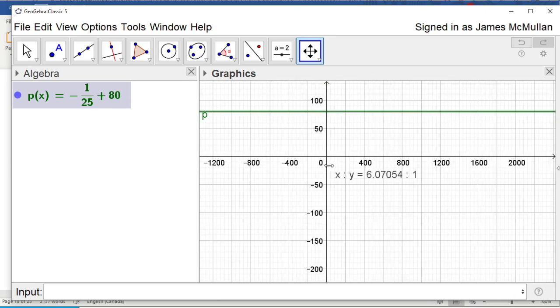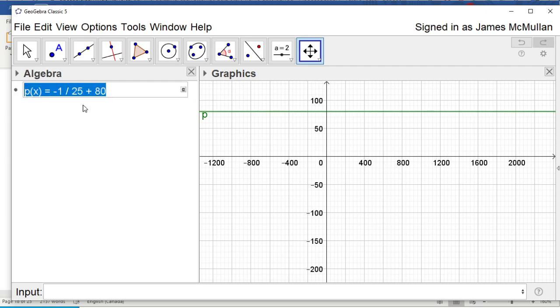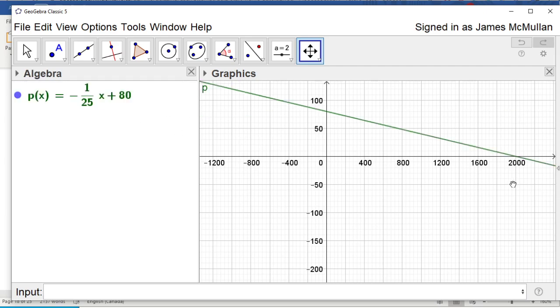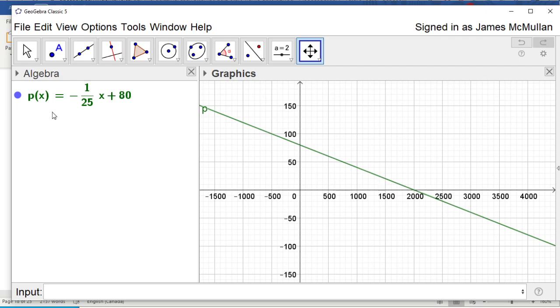The idea was you could plug in the number of sales you wanted to get, and it would spit the price back at you. For example, if I want to sell 1,000 objects, it tells me I need to charge $40. If I want to sell 2,000 objects, I can't. Basically, I'd have to give them away. So this was the idea behind last unit.